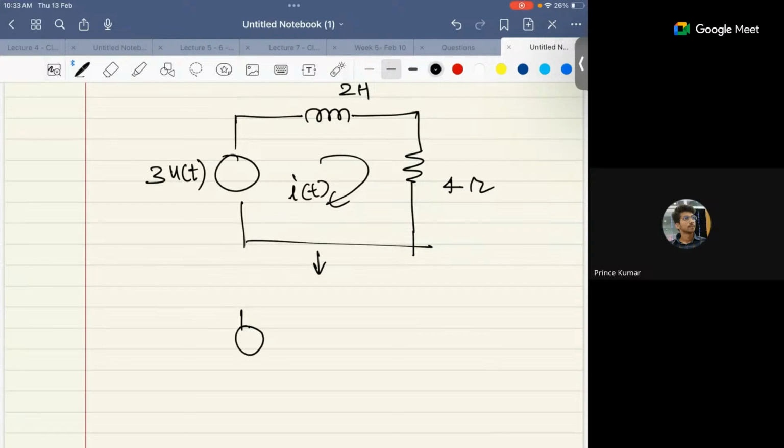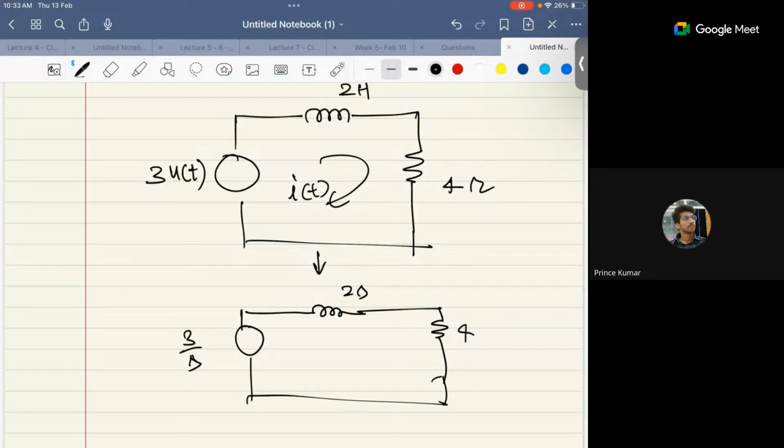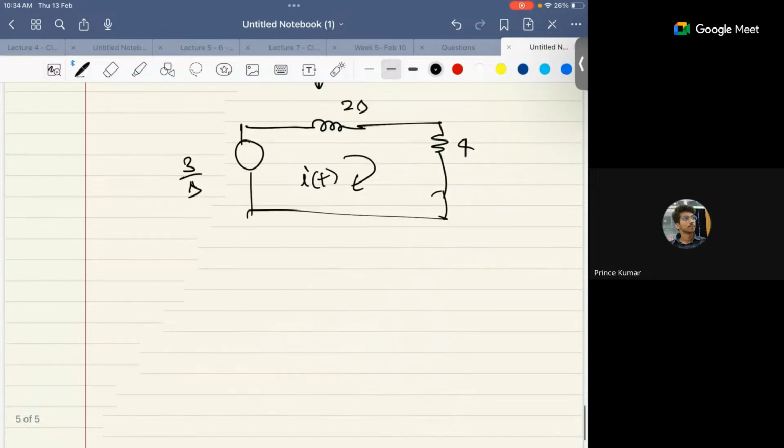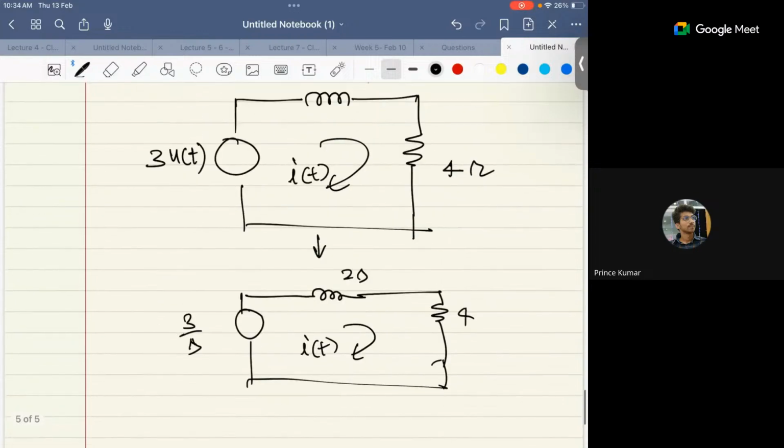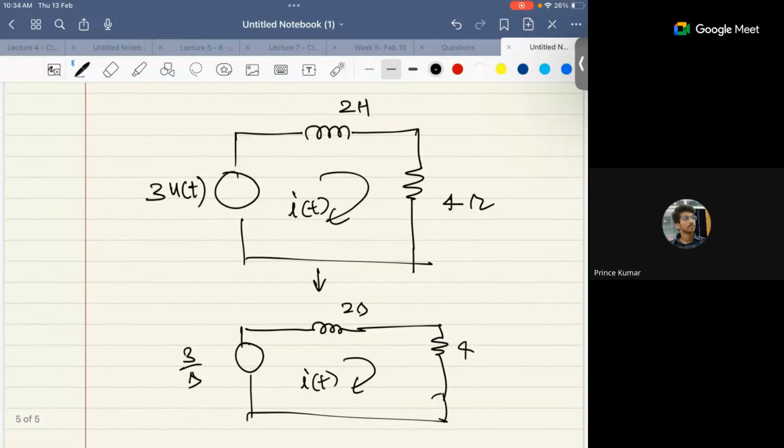You just write it as 3 upon S, and for this you write 2S, and this is the same. Then you can use KVL, write it in the S domain, and then take the inverse to get the time domain. No doubt in this, this was much easier.